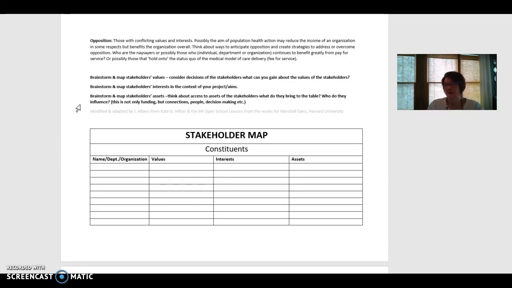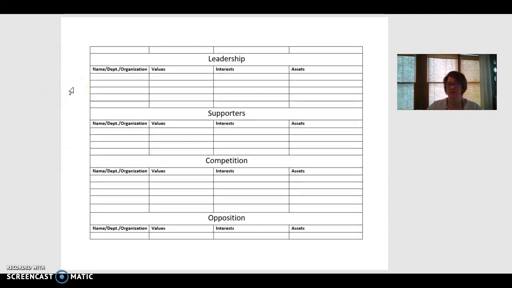Those assets may be financial, or they may be time, they may be support. So there's a number of different things that you're going to be looking at as far as each category of your stakeholders. And again, that will trigger you to think about those insights that you need to engage folks when you're doing your final presentation.